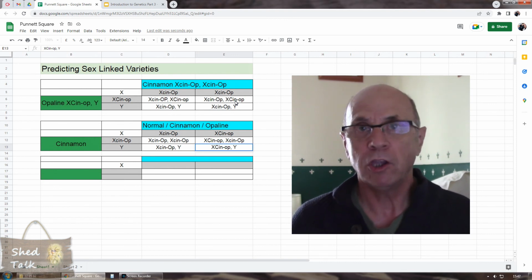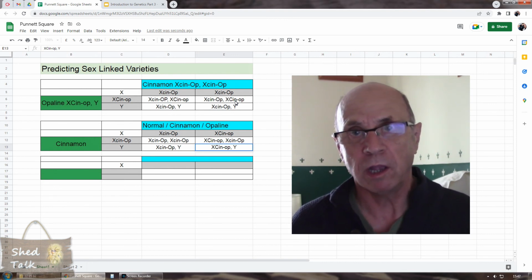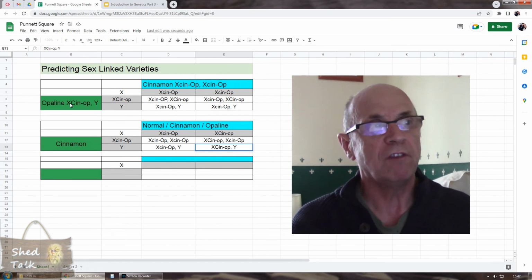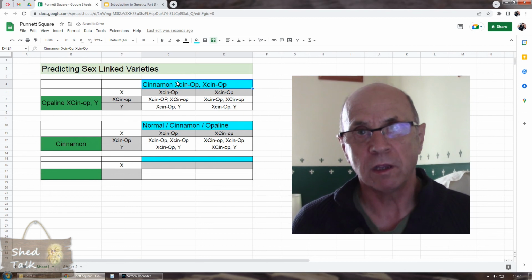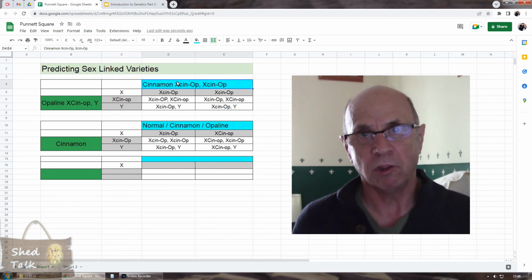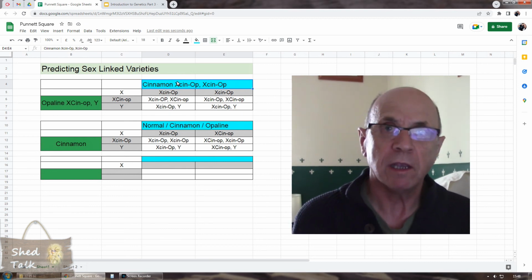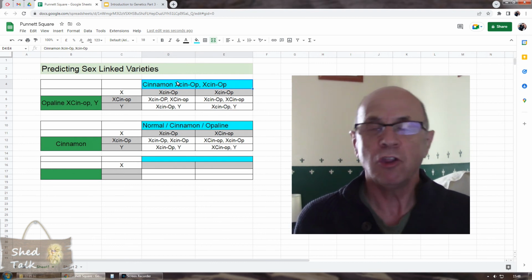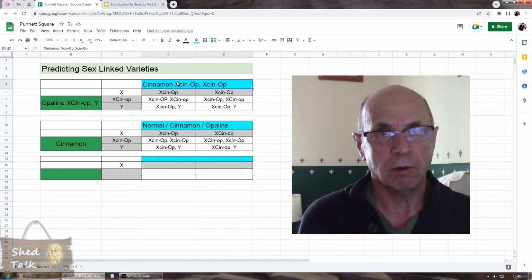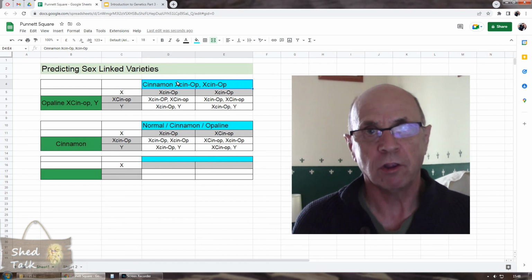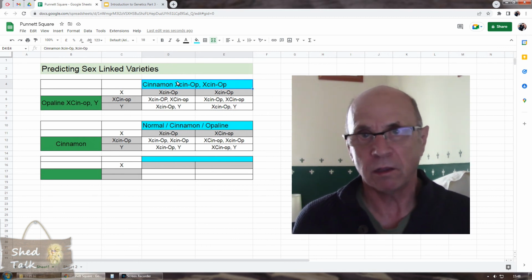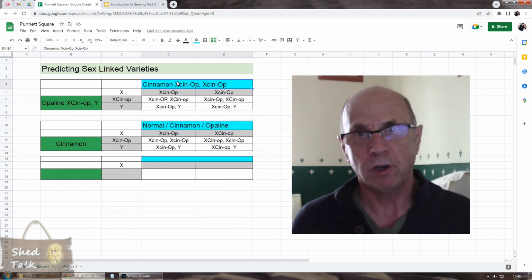However, I know, having bred opaline cinnamons, that even from this very initial pairing, this top pairing here, there is a possibility that I will get opaline cinnamons. So something's happening with these birds that is not predicted using the Punnett square. There's something unusual going on, that we don't predict an outcome from the Punnett square.